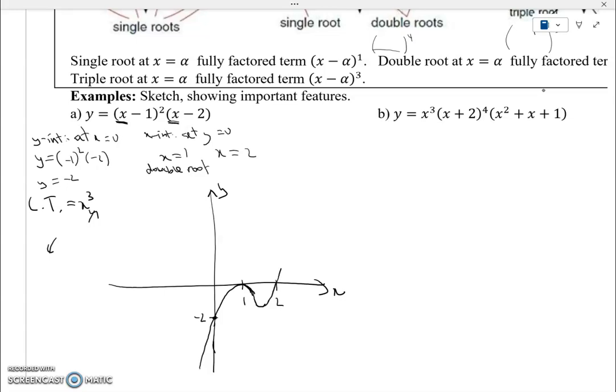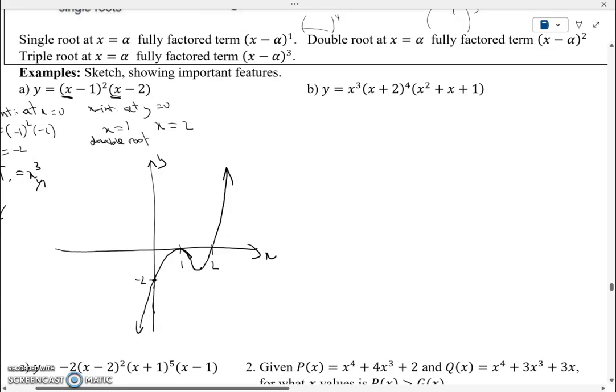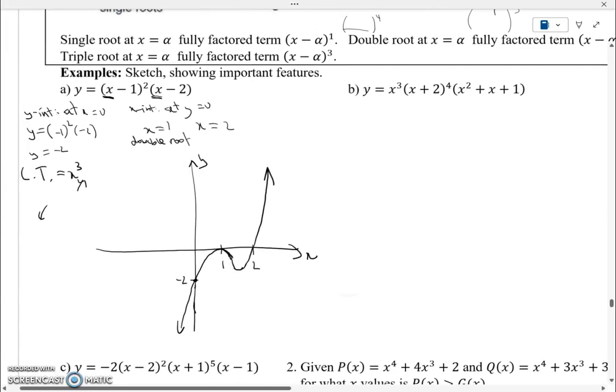So just go through like normal. And you get your cubic shape like that. Don't know the exact y value of this turning point here, but that's okay. So that's the kind of graph that we need to be able to show for that type of question.